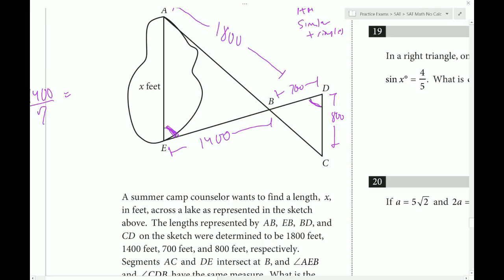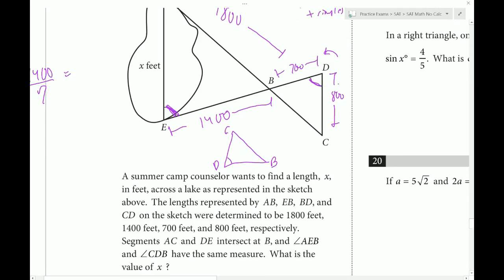Since we know for a fact that these angles match up, what I'd have to do is rotate this small triangle around until the correct angle is sitting here, which would be angle D. So if I did that, C would be pointing up in the air, and B would be over here. So that's the proper orientation of the small triangle. And then if I relabel the sides, DC would be 800.